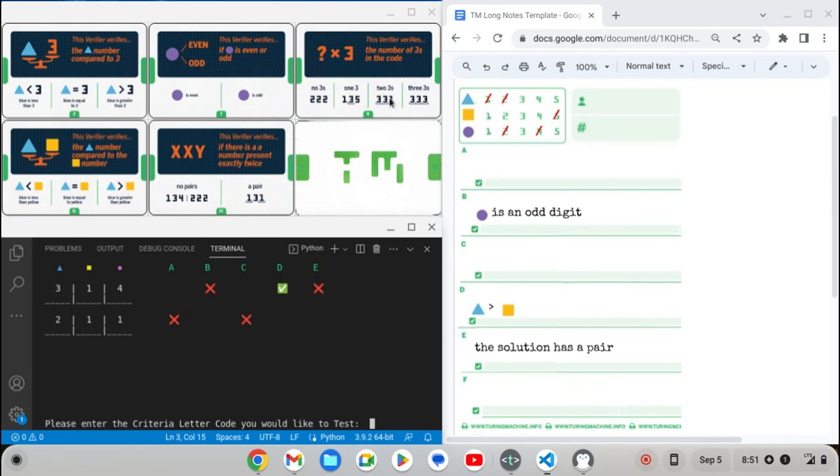Okay, oh no, I think I'm going to have to go to the third round unless I can make some deductions. Well, first of all, let me catch up here. I didn't write down my notes for A, and that is that. Oh, yeah, so I don't know what triangle is. So triangle is either equal to or greater than 3.